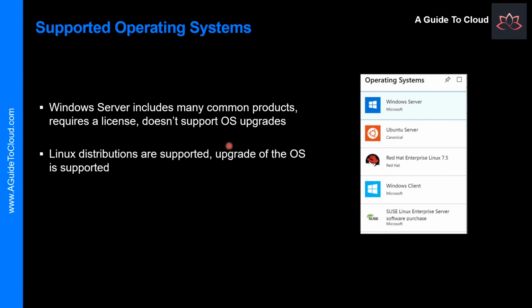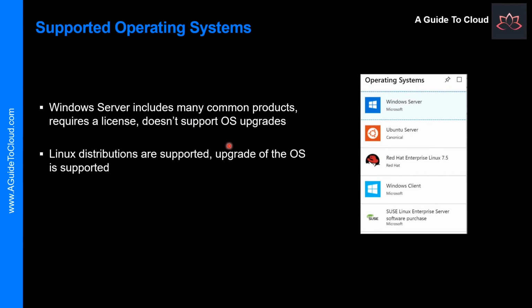And licenses for other software must be obtained separately. Please note that Microsoft does not support an upgrade of the Windows operating system of a Microsoft Azure virtual machine. Instead, you should create a new virtual machine that is running the supported version of the operating system that is required and then migrate the workload.